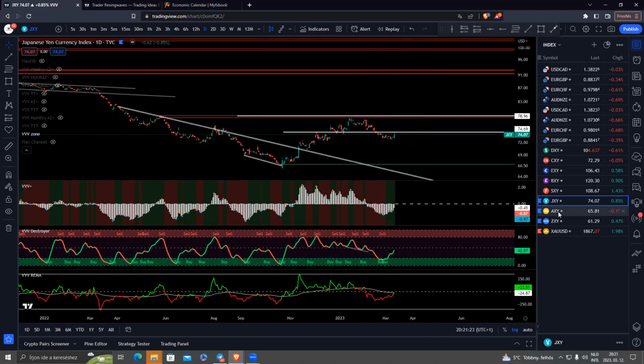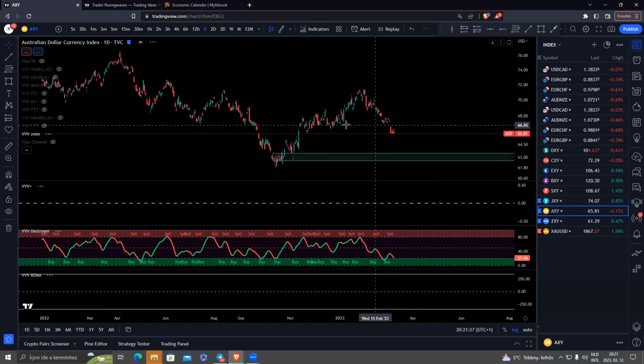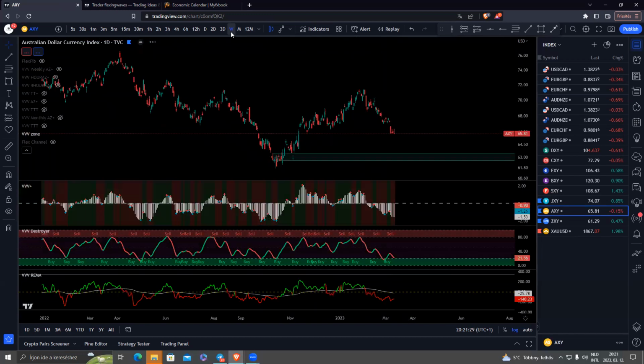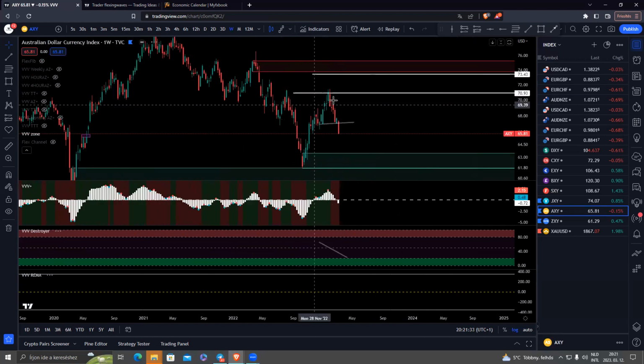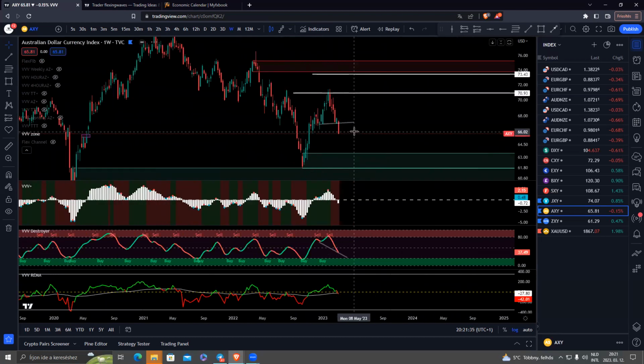Okay, the XY, keep an eye on it. The AXY reached the zone actually, and this is also what I was talking about. If this breaks down, then there will be no divergence, and the price actually broke down, so there is no divergence.